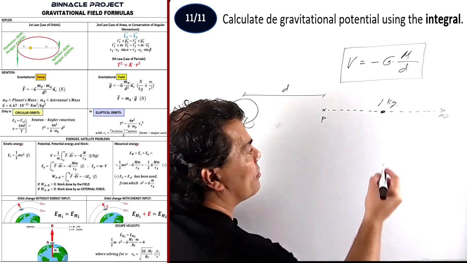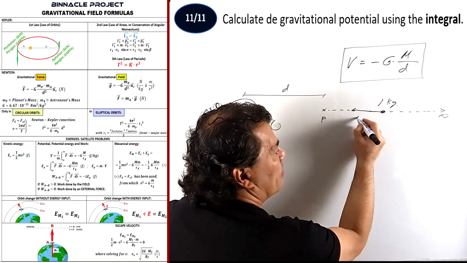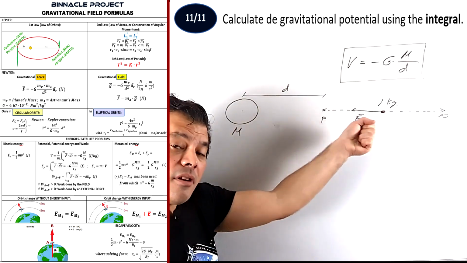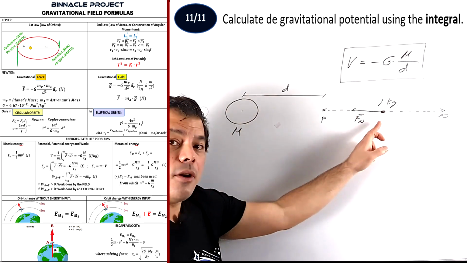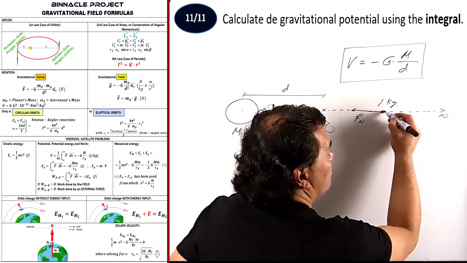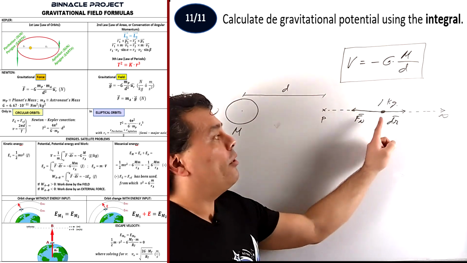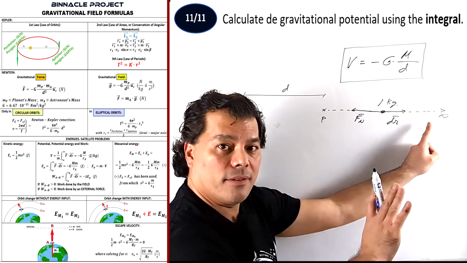We are placing also the Newton force. This is the gravitational force that tries to pull back the mass to this planet. And we are placing also the differential displacement vector, pointing to the infinity because we are traveling towards it. Okay?